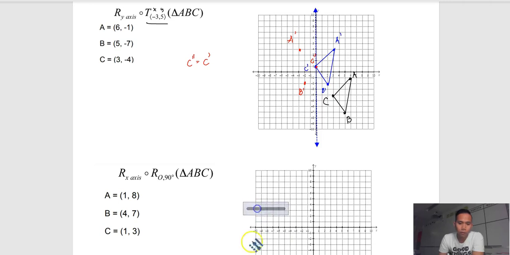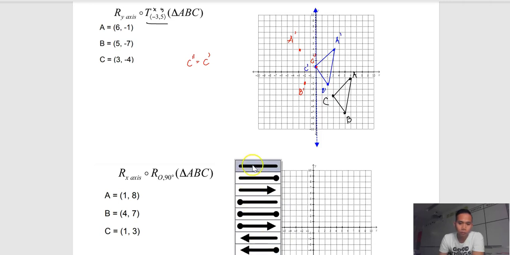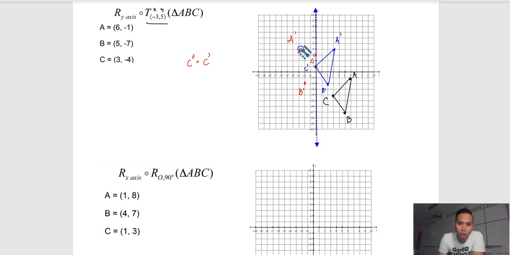All right, so we are connecting this with a segment. Sorry about that, I'm going to use red. So you can see it's here, there, and there you go. So we have now the reflection, the red one, the double prime: A double prime, C double prime, and B double prime.